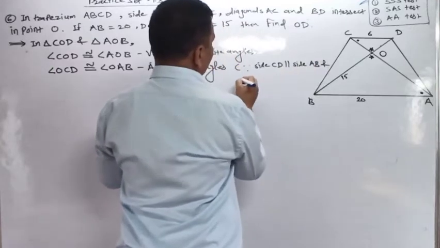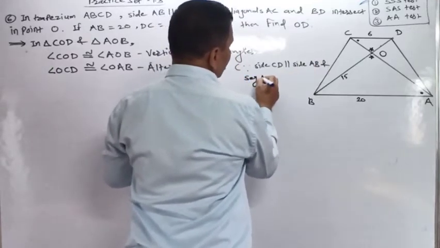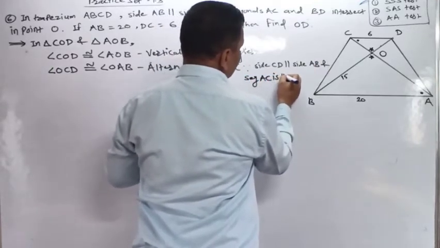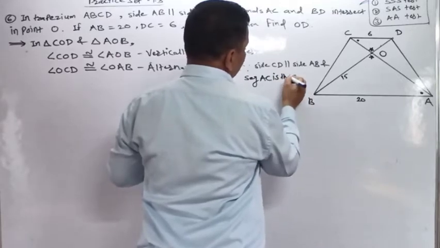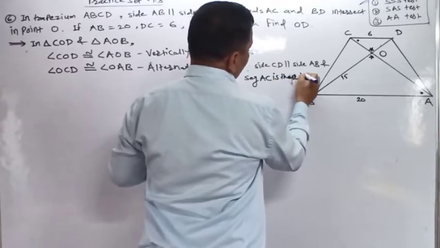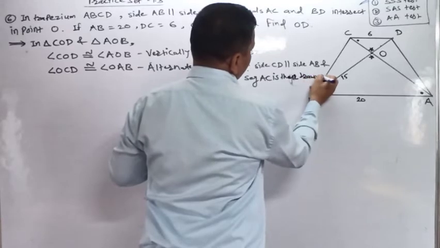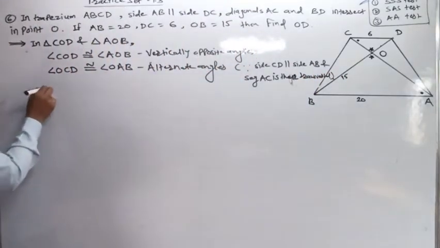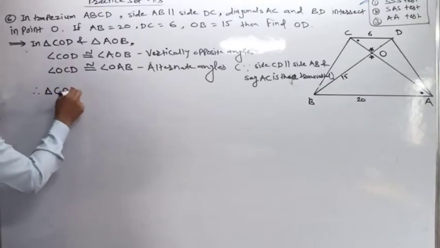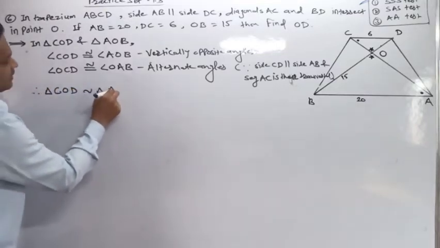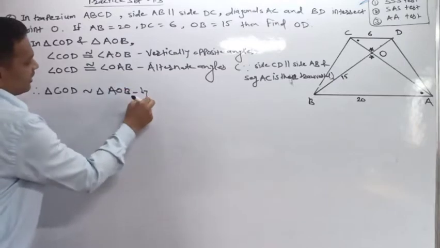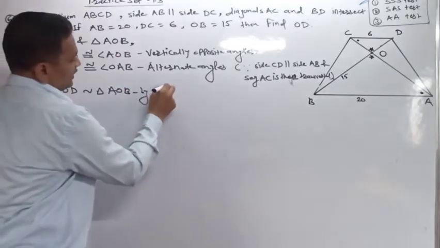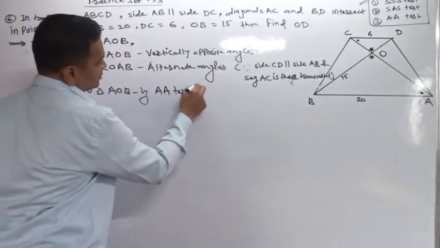And AC is their transversal. Right? Now therefore, triangle COD is similar to triangle AOB by the double A test for similarity.